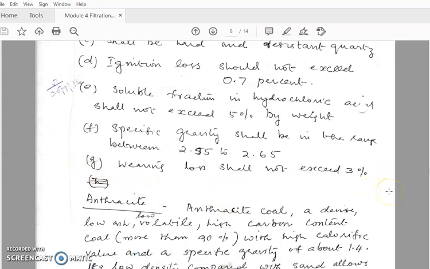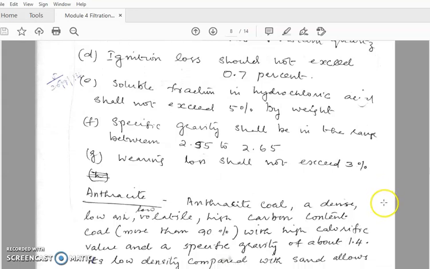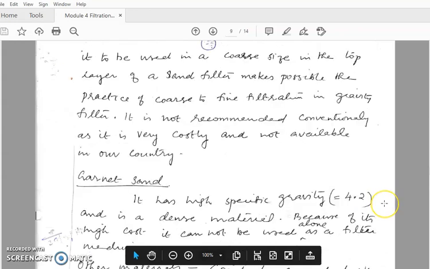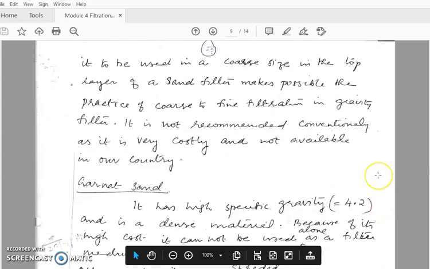Anthracite is a coal. It is actually anthracite coal, a dense, low ash, low volatile, high carbon content coal with a high calorific value and a specific gravity of about 1.4.